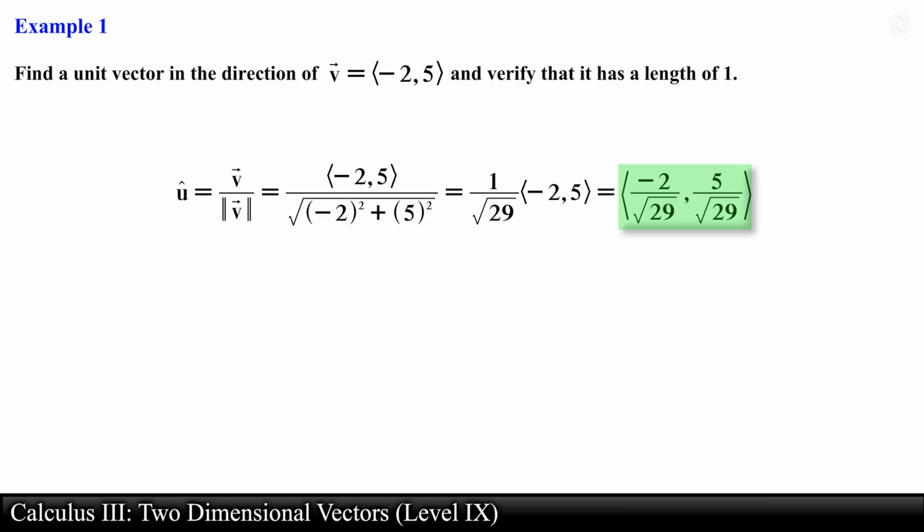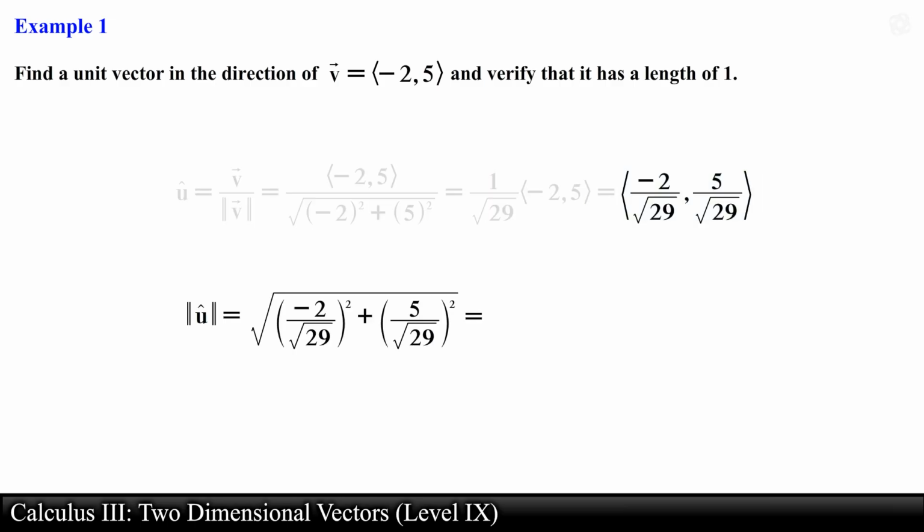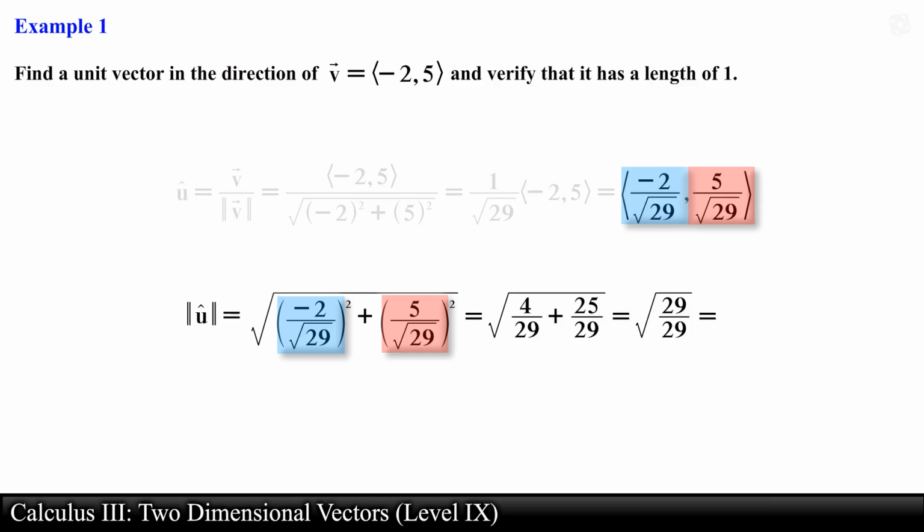In order to verify that this vector is indeed a unit vector, all we need to do is to find the magnitude. So we go ahead and square each of the components, add them, and then take the square root of the result. Doing this, we see that we obtain 1 as our magnitude. This shows that the unit vector u does indeed have a magnitude or length equal to 1.